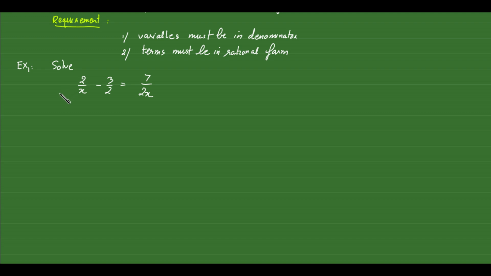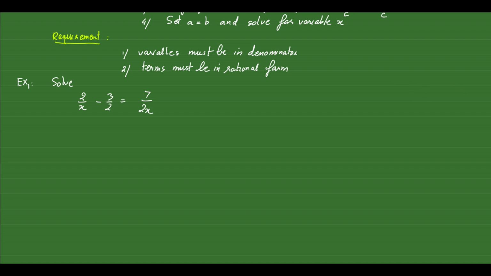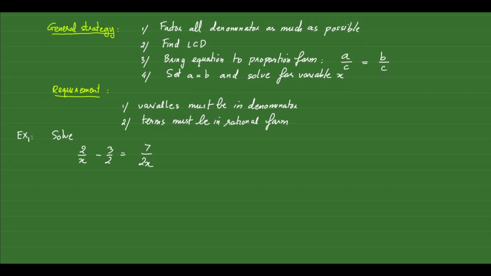The variable x must be under the denominator for the equation to be a rational equation. Okay, so let's see how we're going to solve this if we follow all the steps here. The first step is to factor all the denominators. It looks like all the denominators are already in factored form. There's nothing we can do. So the second step is to find the LCD.